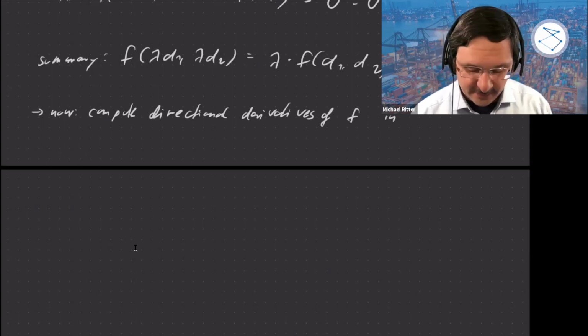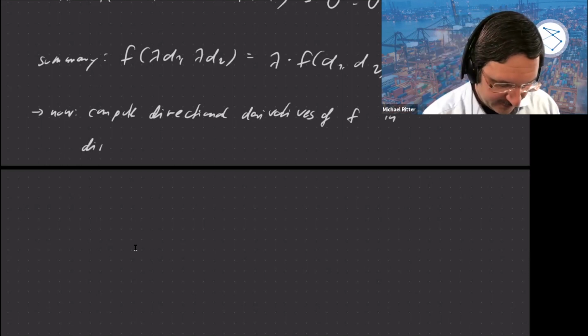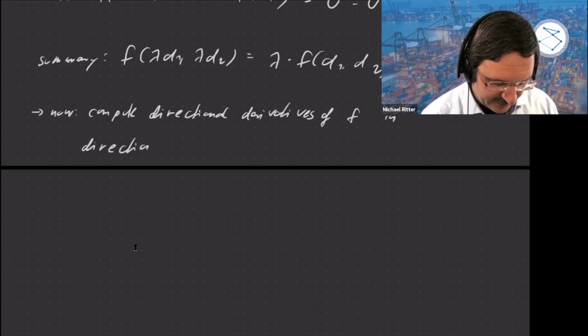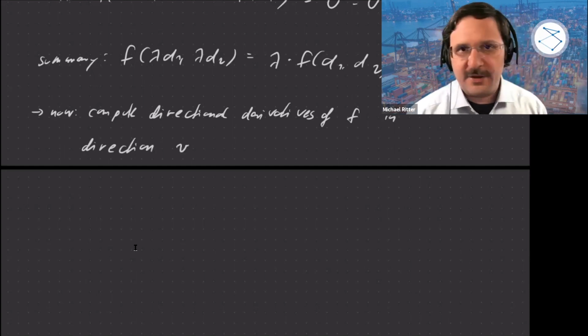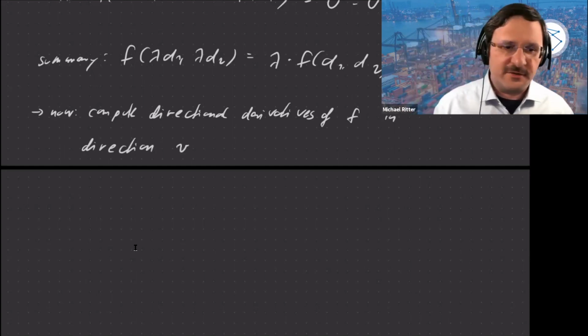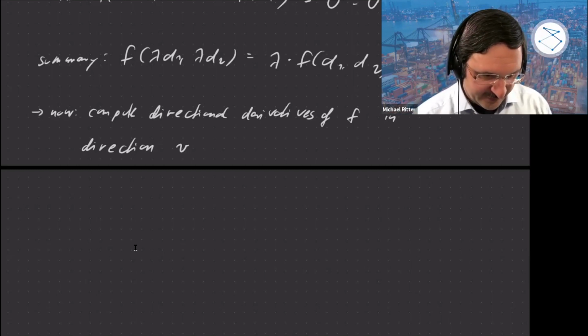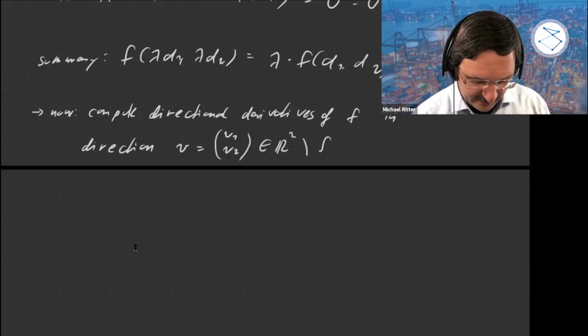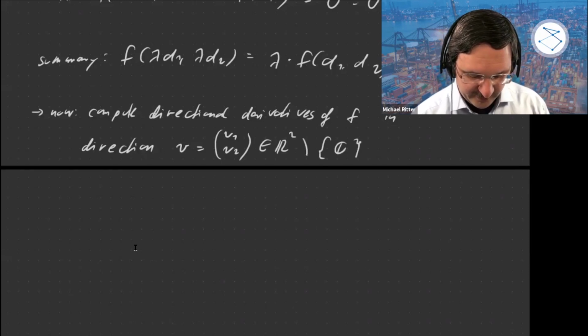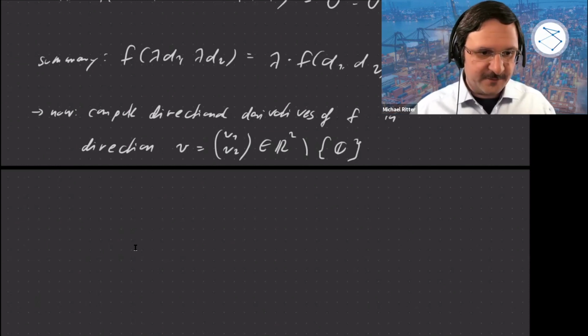And we need to fix the direction for that, of course. Let's say that direction is now v, to not be confused with the d for differential. We use v now. And of course, that direction will again be a vector in R2. And again, we need to exclude the 0 vector because that's not a valid direction.